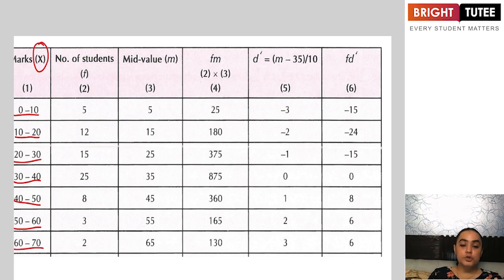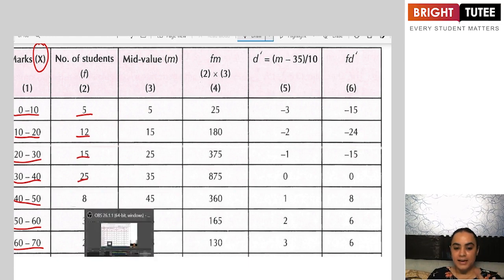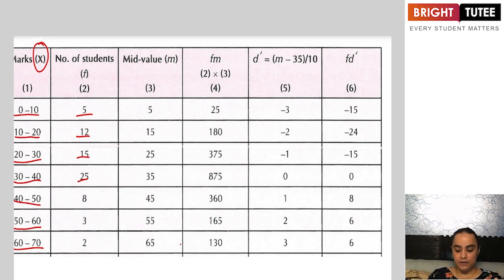The number of students who got those marks: 5 students who got between 0 to 10, 12 students who got between 10 to 20, 15 students who got between 20 to 30, 25 students who got between 30 to 40, and so on and so forth. The next thing, as I told you, that we have to compute is the middle value.